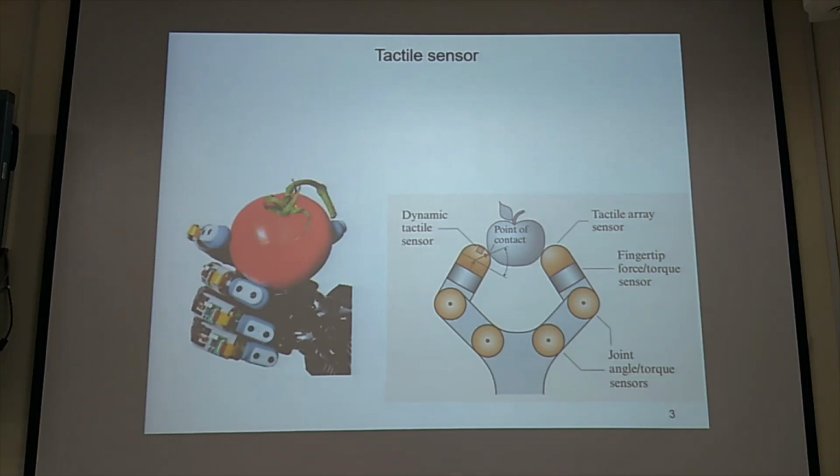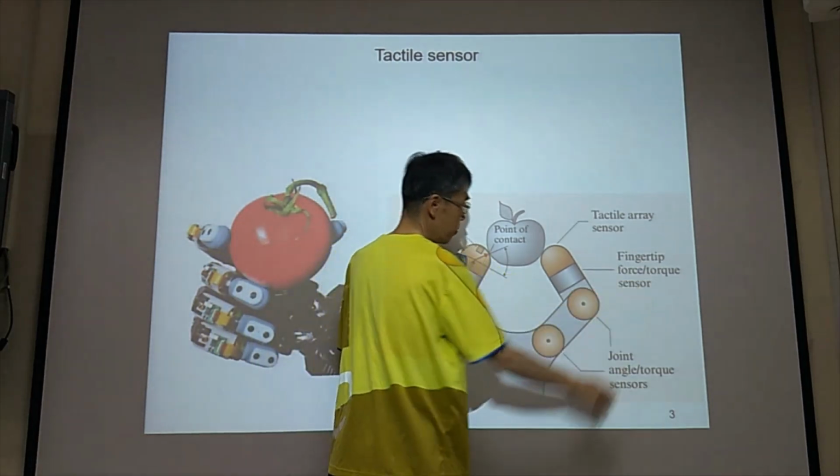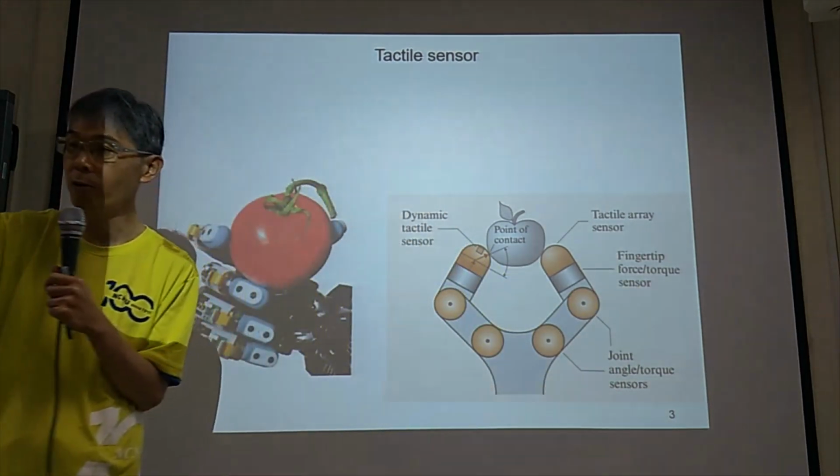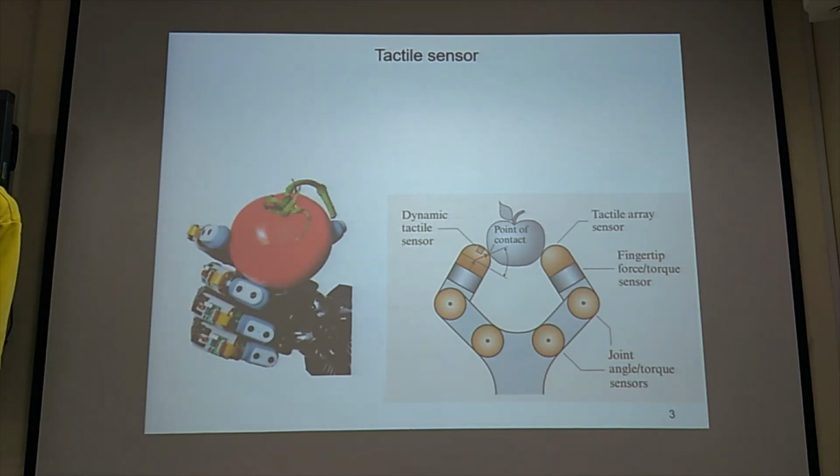So you need touch sensor and force sensor, apply the right amount of force, then decide the quality of this tomato and put the tomato into the right container. So force sensor is important and torque sensor, because not only the force is important, also the torque you applied is important too. Moment.